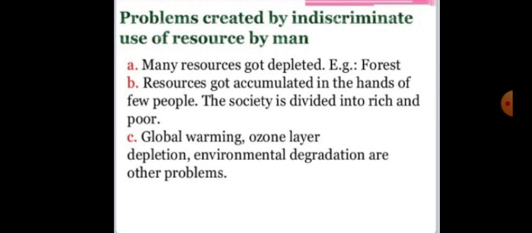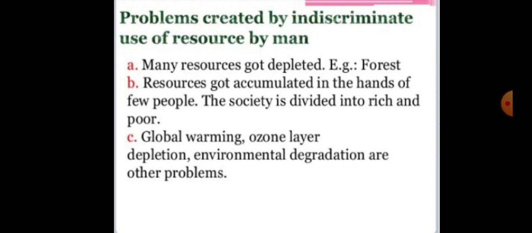What are the problems which are created by indiscriminate use of resources by man? Man is greedy. Man is not satisfied with what is available. So his excessive usage has not left enough resources for the future. Many resources got depleted, for example, forest.